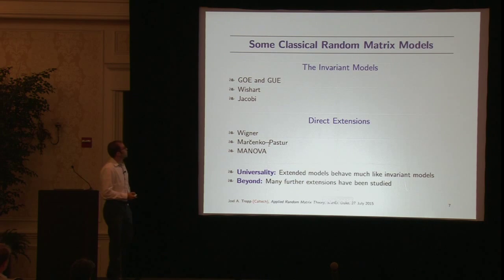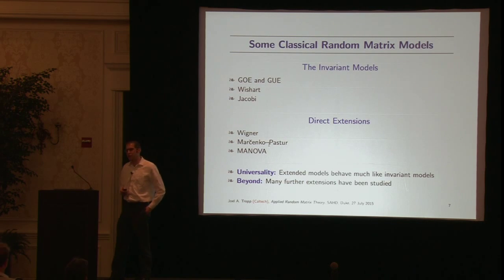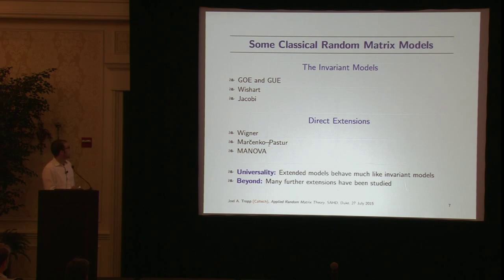Okay. So here's some classical random matrix models that you may have seen if you've ever read anything about random matrices. So the three big ones are the Gaussian orthogonal ensemble and Gaussian unitary ensemble, which are part of a larger family. These are matrices that are symmetric and have independent standard normal entries above their diagonal and normal entries on their diagonal.